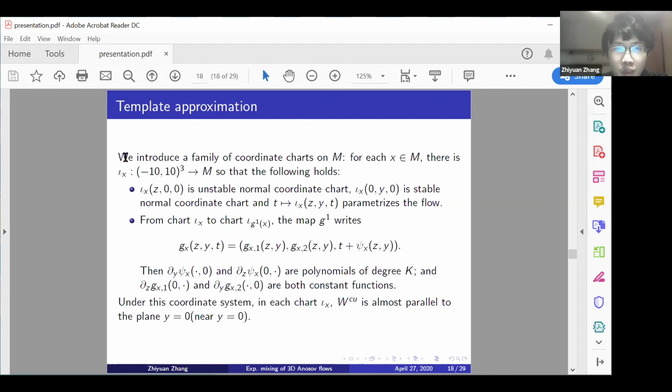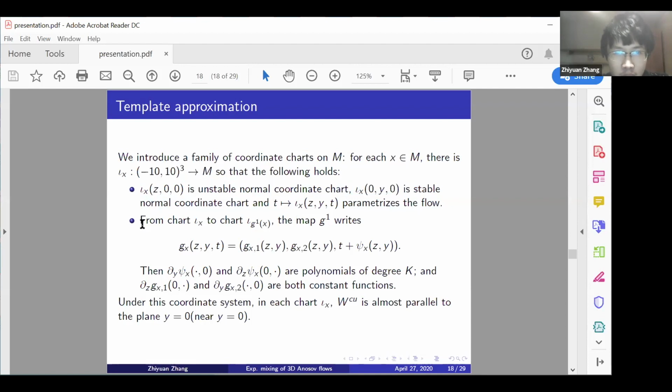And then we will construct something we call a normal coordinate system. So this is a flow chart, and this is also parameterized in the unstable normal coordinate chart. And this is the stable coordinate only at 0.